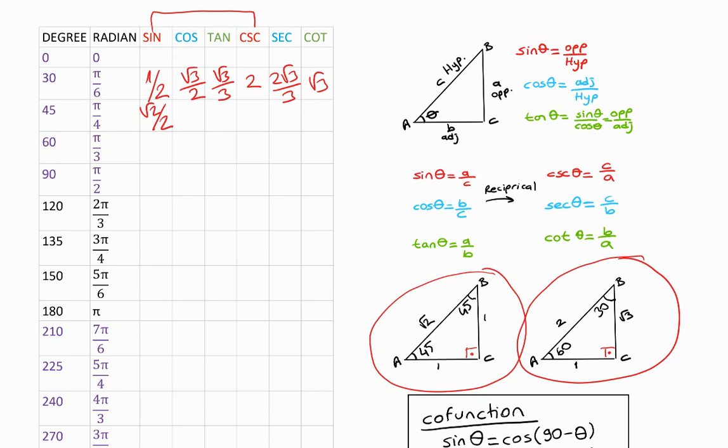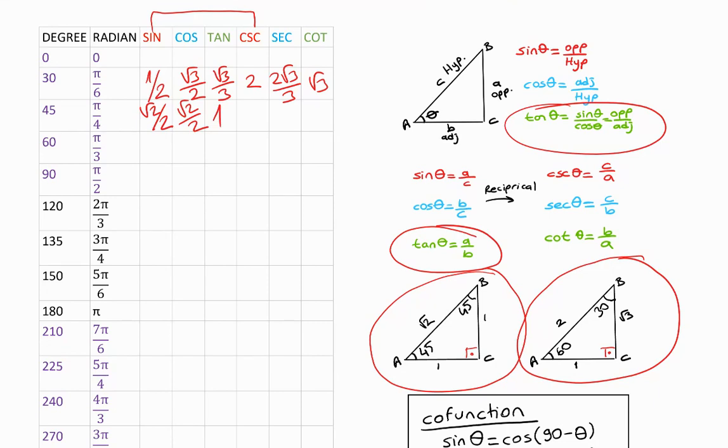And similarly, cosine is adjacent over hypotenuse, which is 1 over square root of 2, but I can write it square root of 2 over 2. So when you divide these by each other, because tangent was sine over cosine, I will get 1.